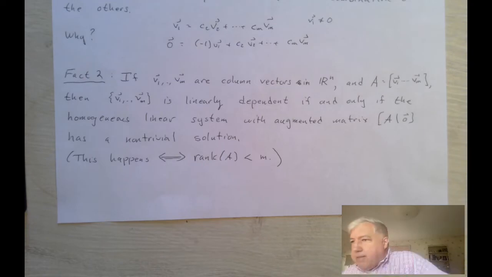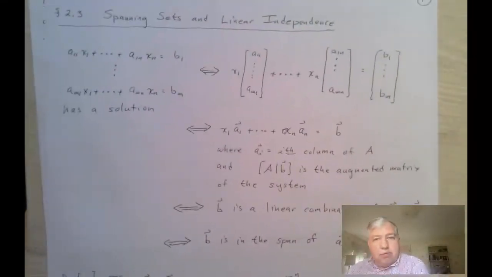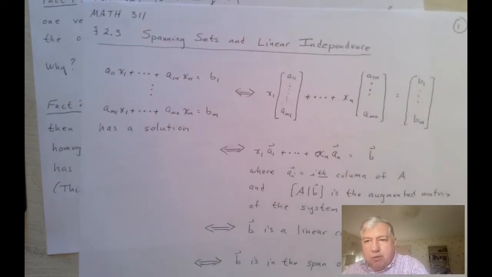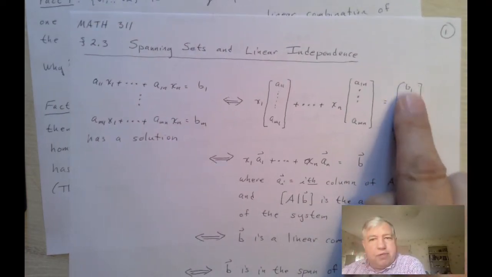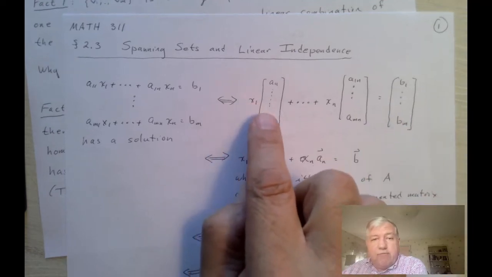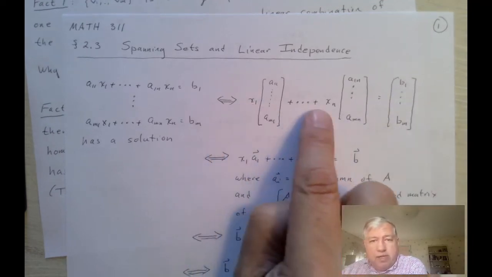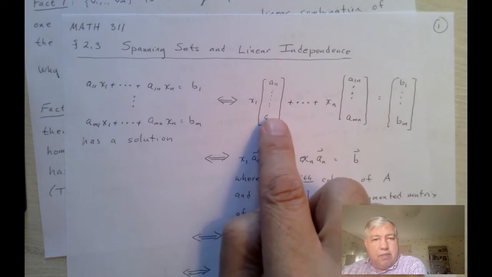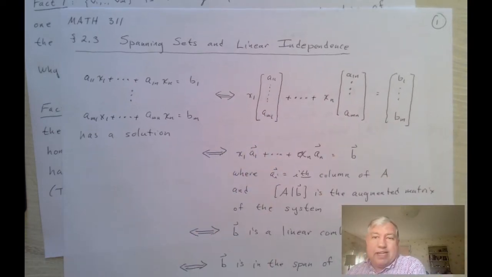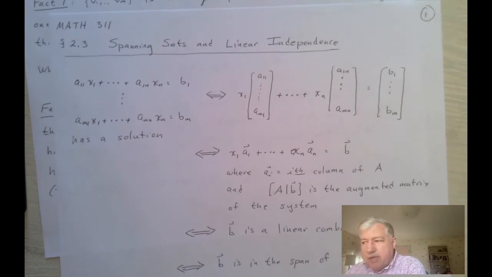That goes back to what we talked about at the beginning. This is a special case where this vector is just 0. So if one of these x's is non-zero, then these column vectors are linearly dependent. Otherwise they're linearly independent.